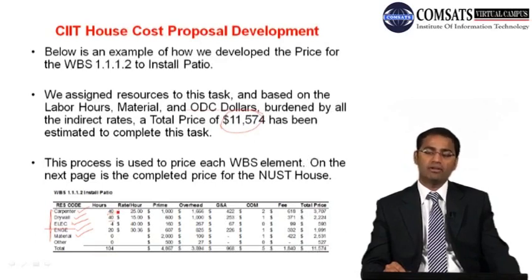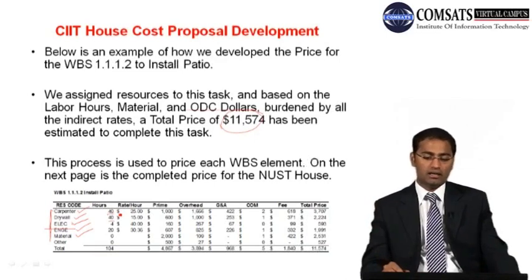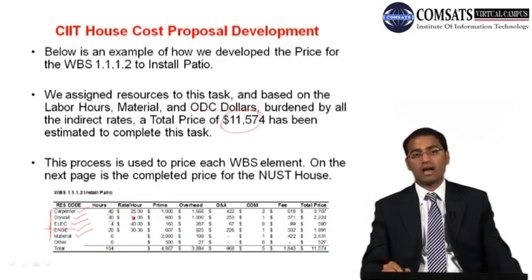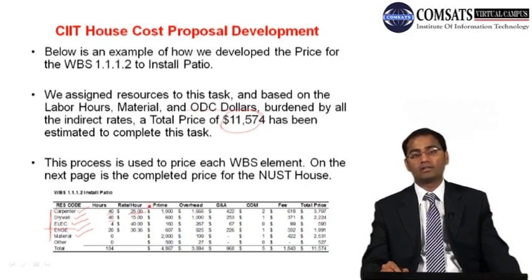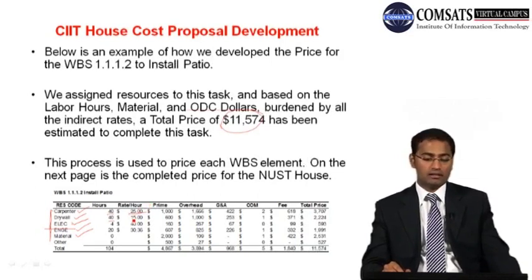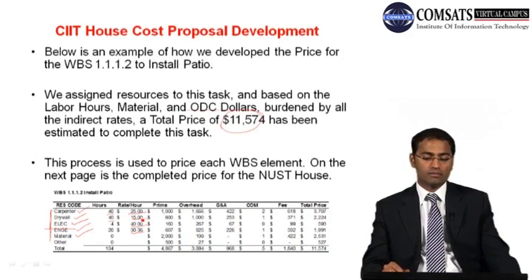after calculating the effort of every resource, we have conducted a market survey, and we know that our carpenter is costing us $25 per hour, drywall is $15, electrical person is $40, and the engineering guy is $30.36.